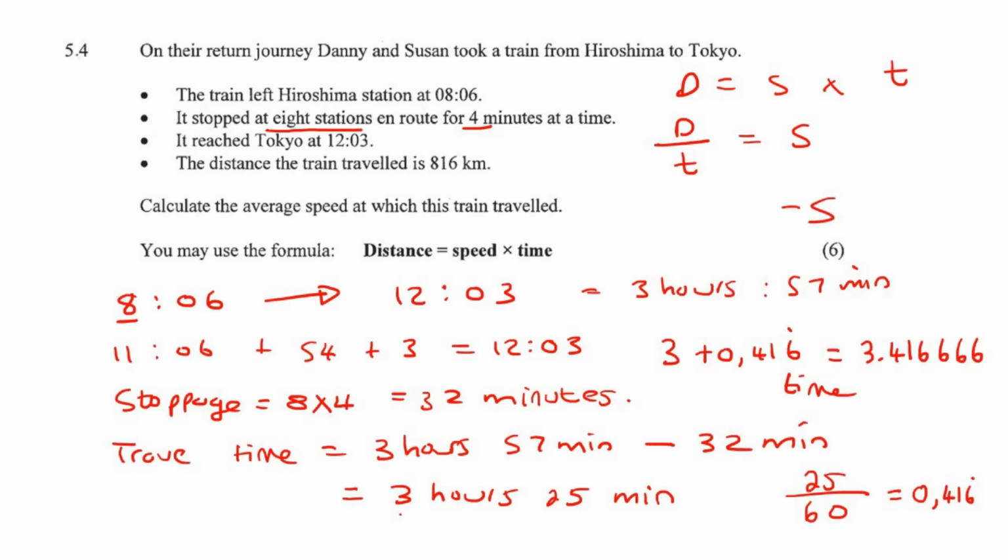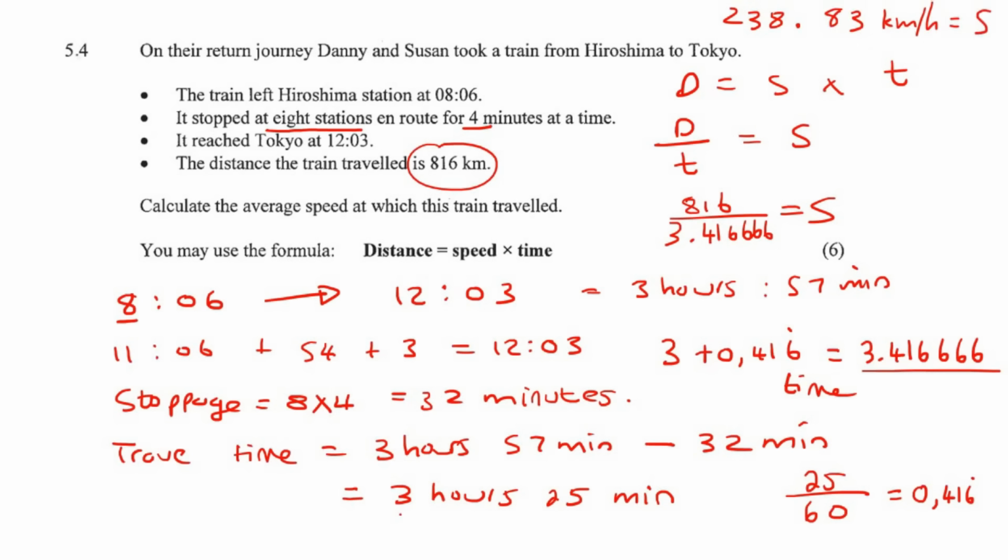So speed is equal to distance, which was 816 kilometers, divided by the total time, 3.416666. And if you work this out, you would see that the average speed is going to be 238.83 if you round to 2 decimal places, kilometers per hour, and that is the speed.